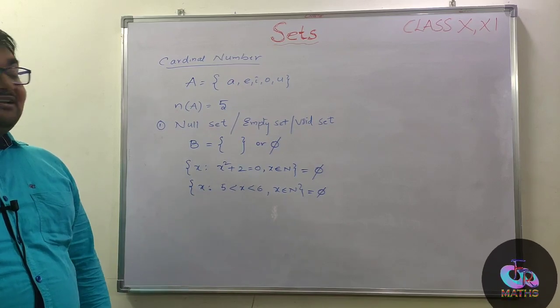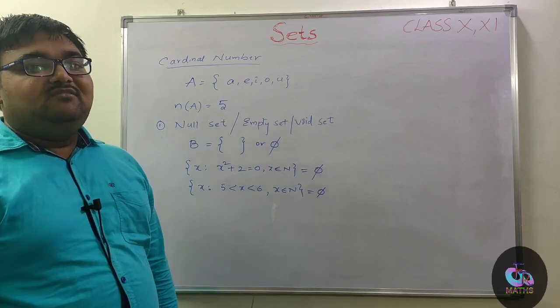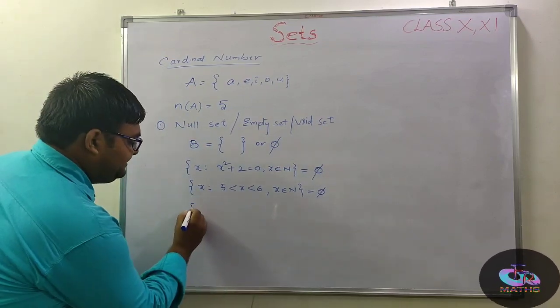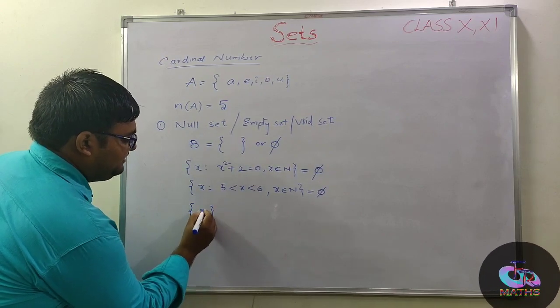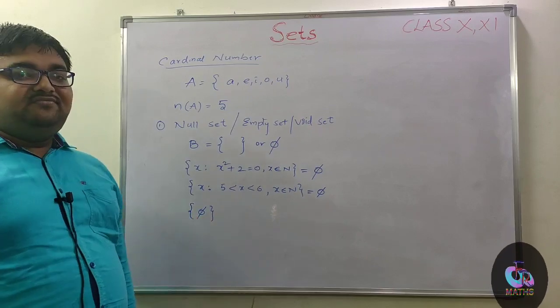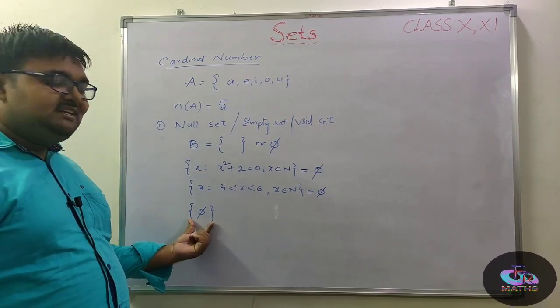In this null set you need to be careful while writing the conditions. In some questions it might be asked like this: the set containing 5, is this a null set? Can you say that it is a null set?